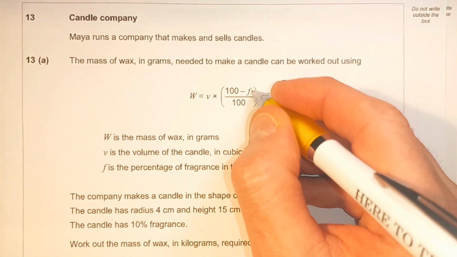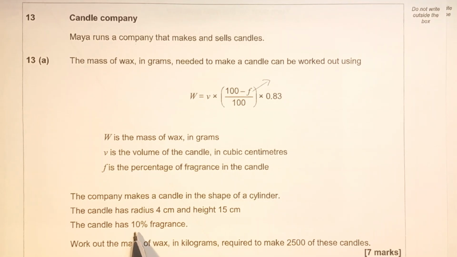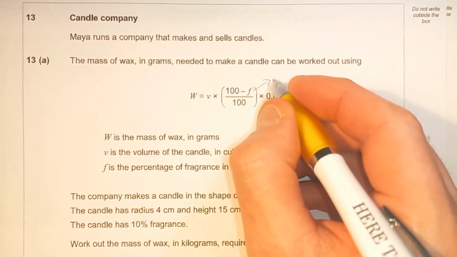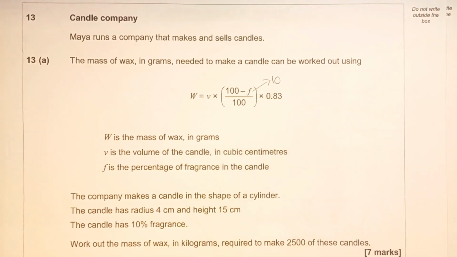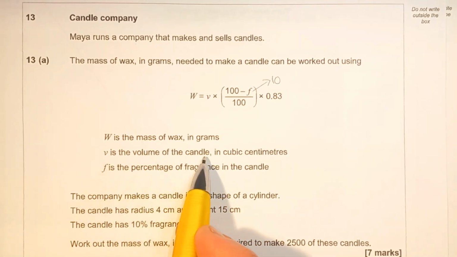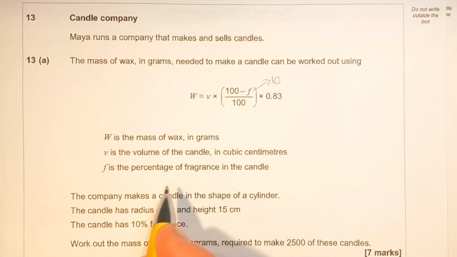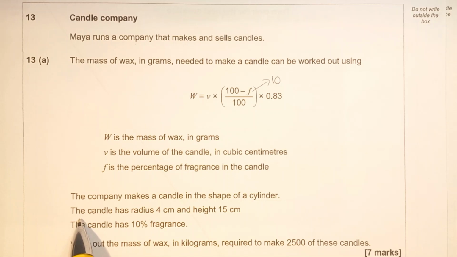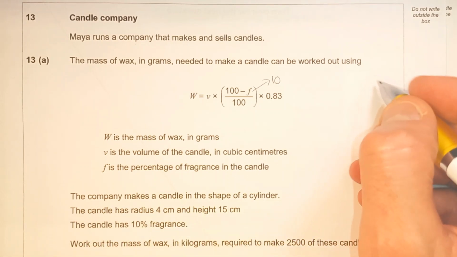Well, this is the easy bit. So let's do this first. It's got 10% fragrance. So F's just going to be 10. So what we do need to work out is V. And V is the volume of the candle. Okay. So they've told us that the candle is in the shape of a cylinder.